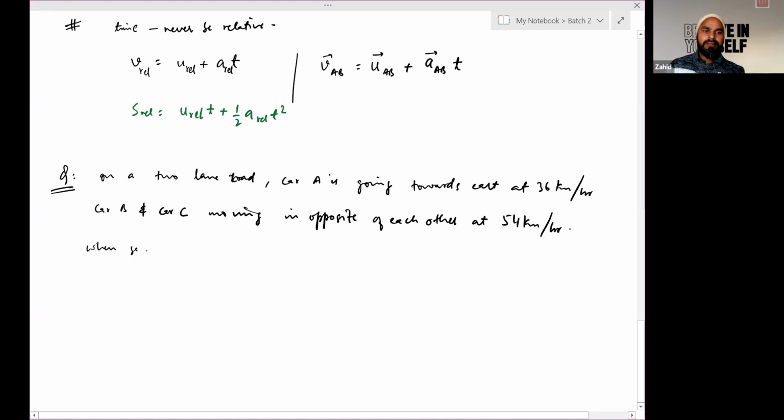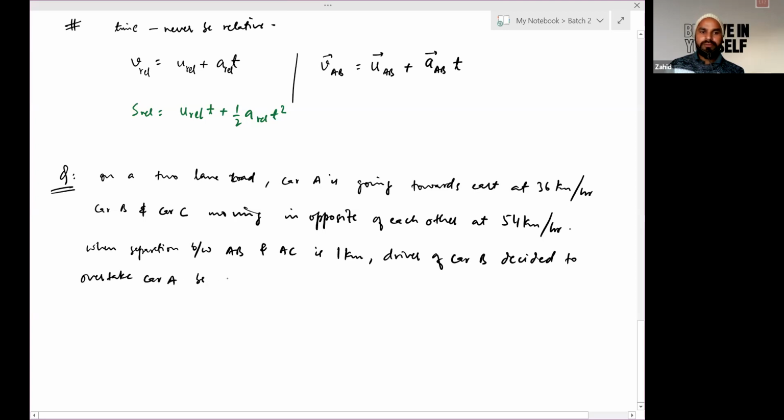When the separation between AB and AC is 1 kilometer, the driver of car B decided to overtake car A before C. So find minimum acceleration.